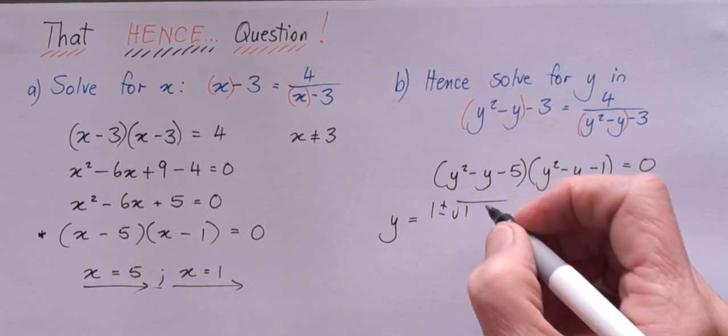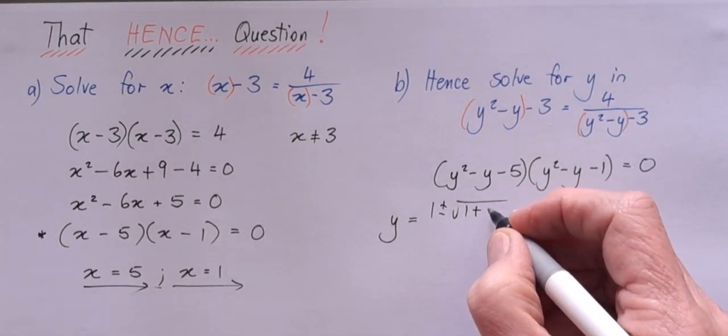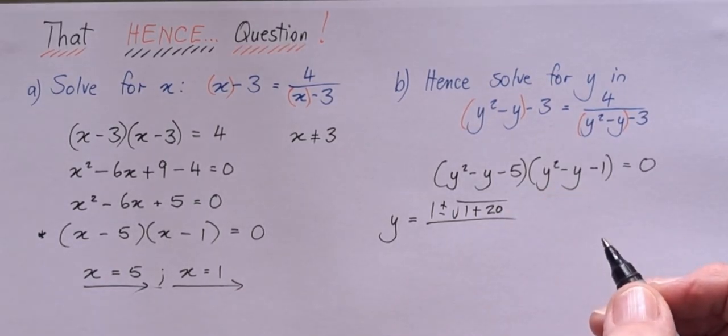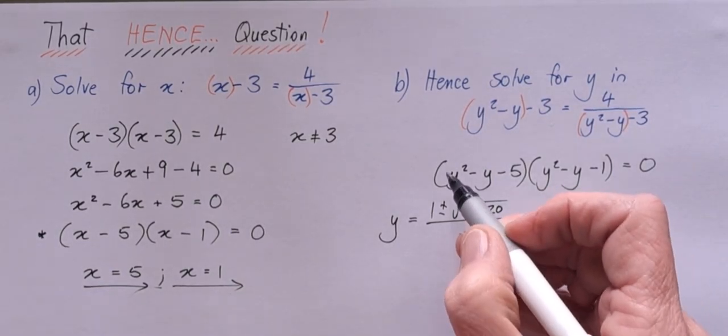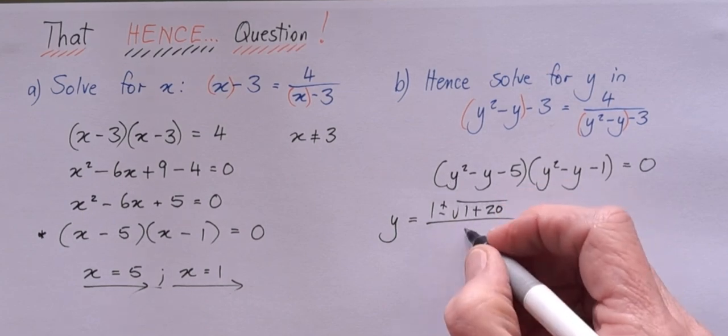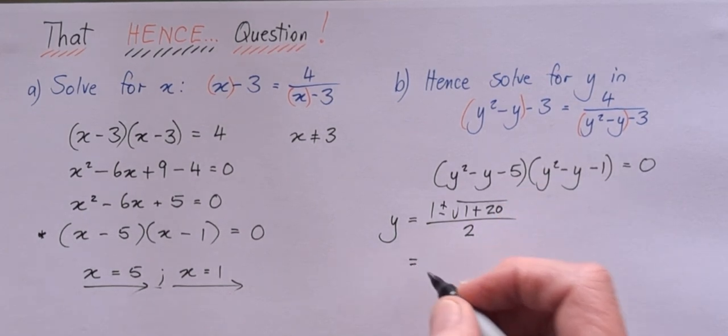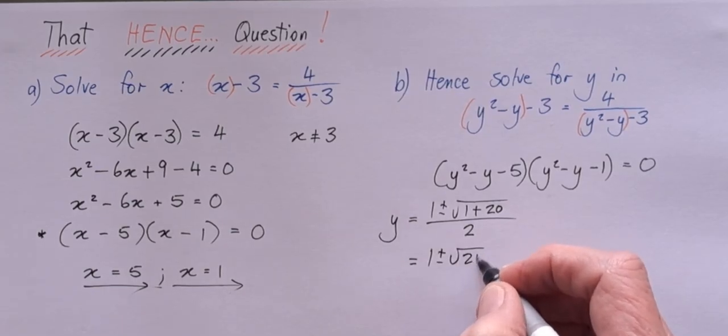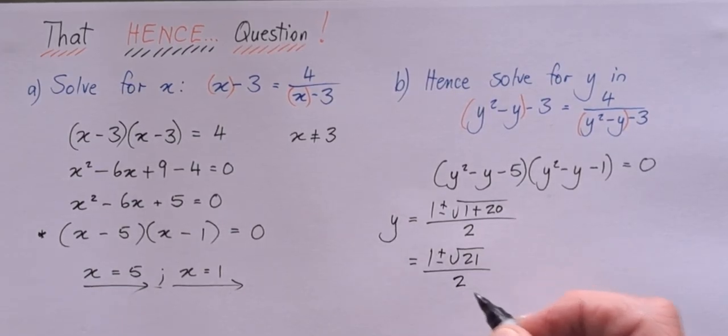So negative times negative is going to be positive. 4 times 5 is 20. Over 2a, 2 times a, which will be 2 times 1. Let's simplify that down a little bit. 1 plus or minus the square root of 21 over 2.